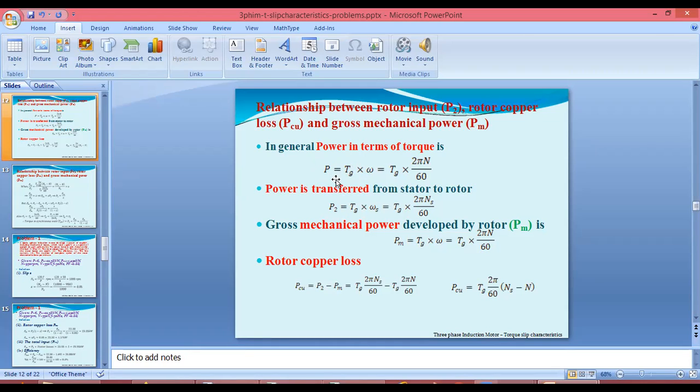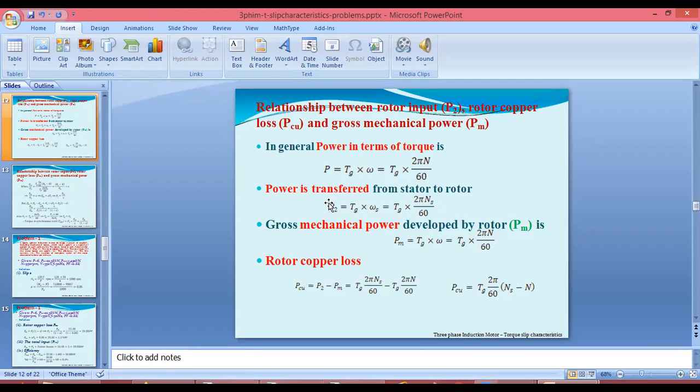We take PM equal to torque into angular velocity, W. We can write W in terms of 2 pi small n, that is rotations per second. But in the three-phase induction motor, we measure the speed of the rotor in minutes, so you can convert that. Instead of seconds, if you take minutes, you can write 2 pi capital N upon 60. So now we have the torque equations of the power.